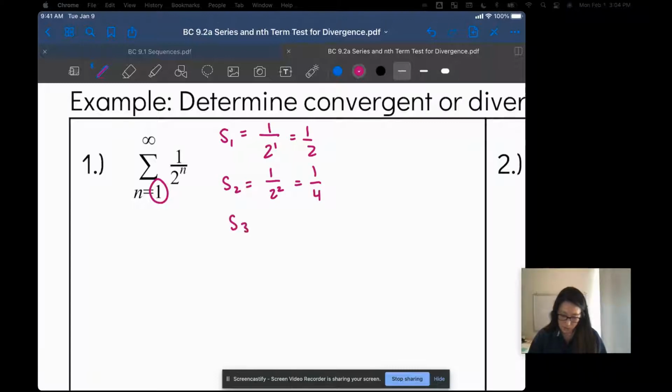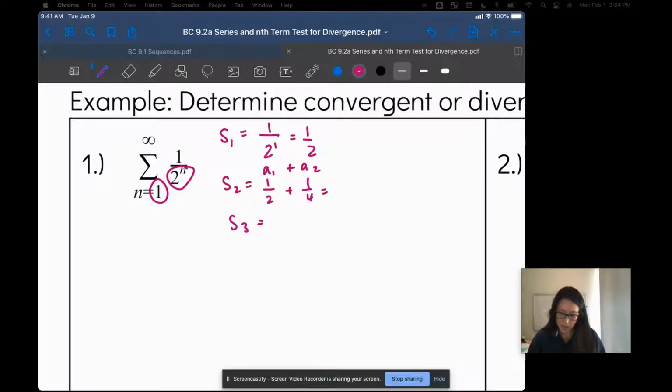Oh wait, I did this wrong. Sorry. S sub 2 is a sub 1 plus a sub 2. So a sub 1 is 1 over 2, plus 1 over 2 to the second, which is 4.